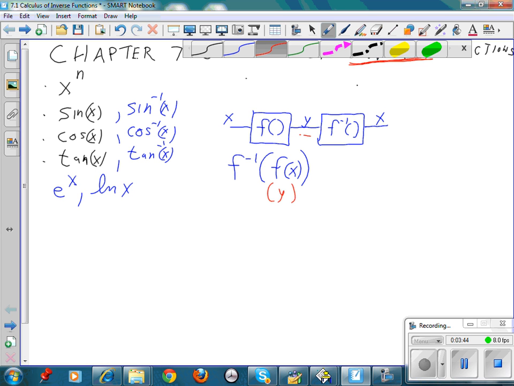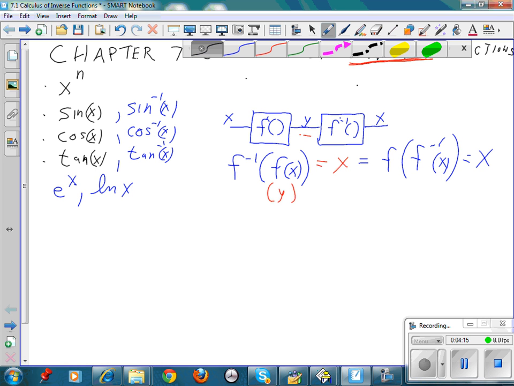If I put y through the inverse function, I'm going to get back x. This is also the same thing as the forward function taken of the inverse of x, which also equals x. So I could flip these two functions and I'd still get x. They kind of undo each other.